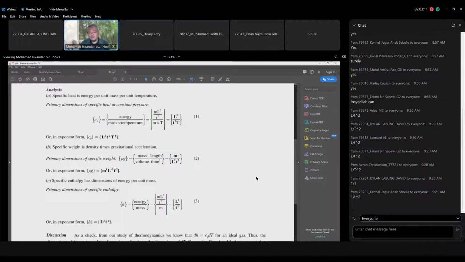If you notice, in this case you have the 4 primary dimensions that we talked about earlier. You have mass, length, time, and then temperature.